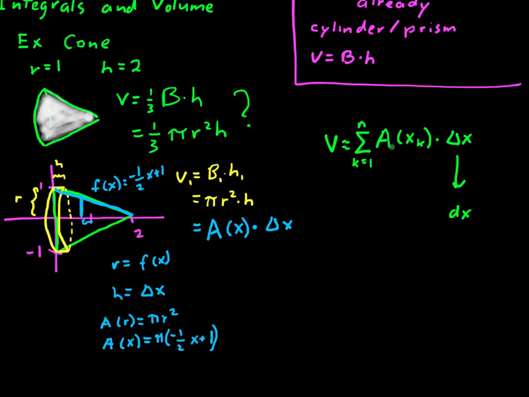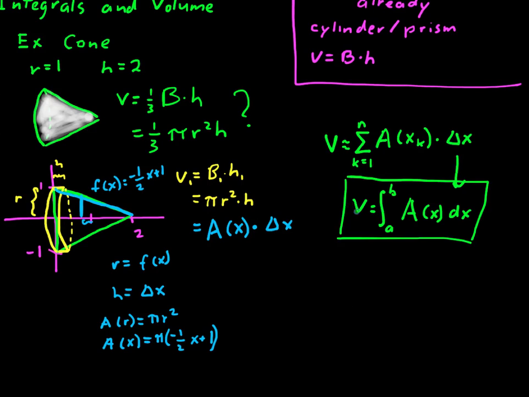And instead of having to take specific x values, I'm actually going to use the function A of x, and instead of taking the sum, as we go off to using an infinite number of intervals, we will go to the integral.